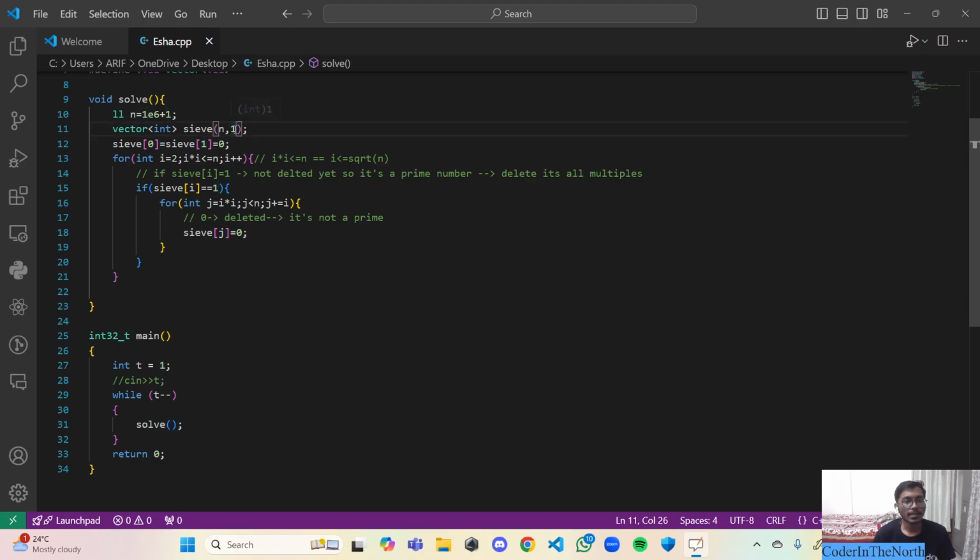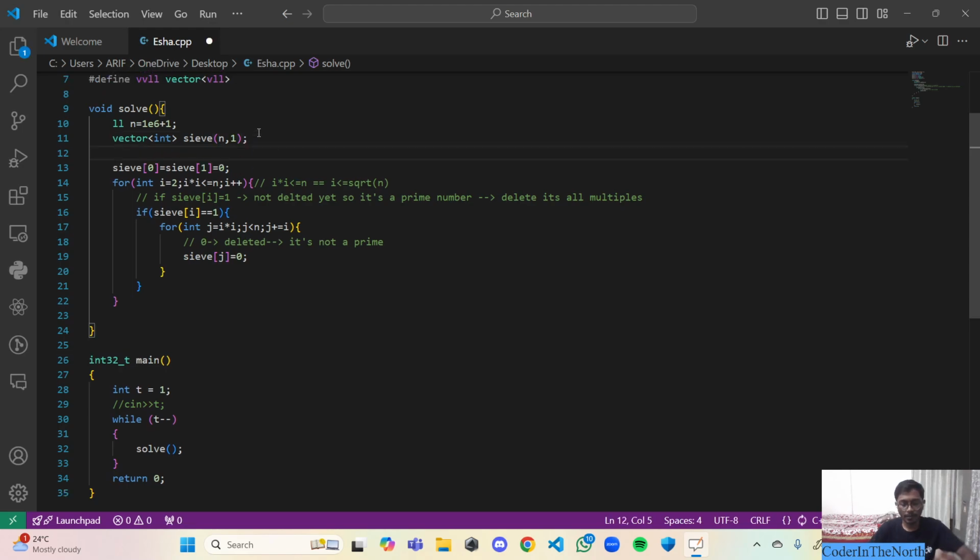We can take anything here, 1, 0, whatever we want. Let's keep 1. From that we can say, if sieve of I equals 1, it means it's a prime number, and its SPF will be itself.